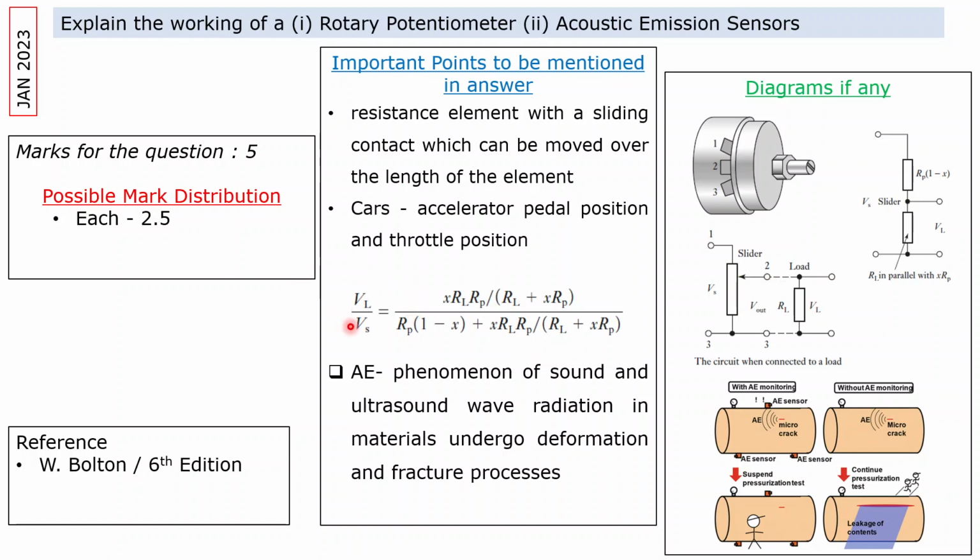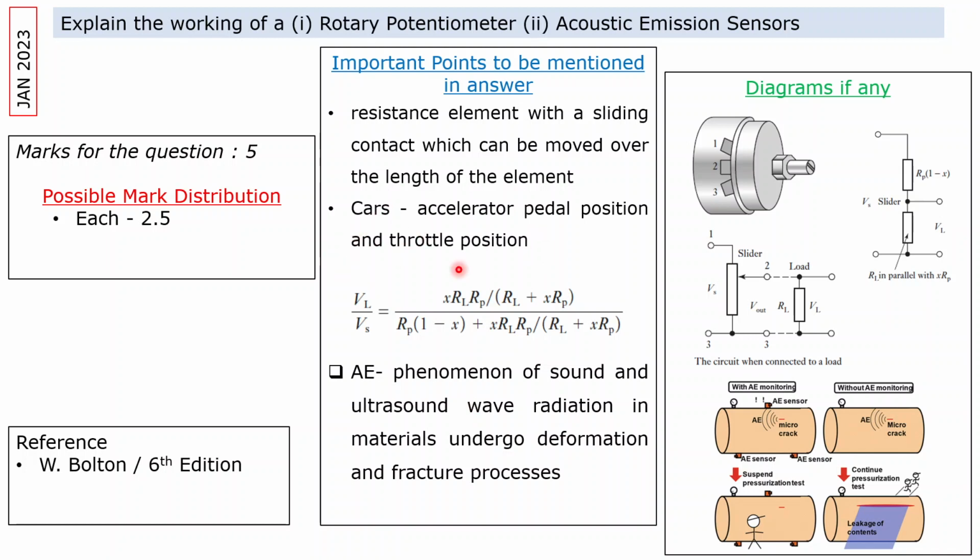For the equations, you can see here there is a voltage VL, and you have another RP into 1 minus X here. So you get RL in parallel with X RP, and you get the voltage VL by Vs using this equation. And the acoustic emission method I have mentioned before, so you have to mention this one.